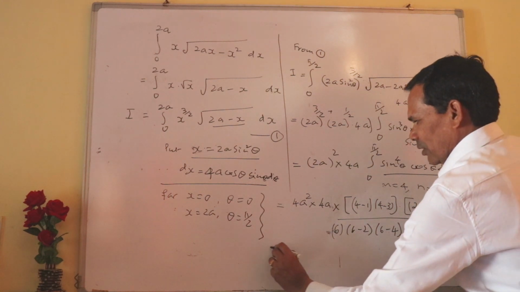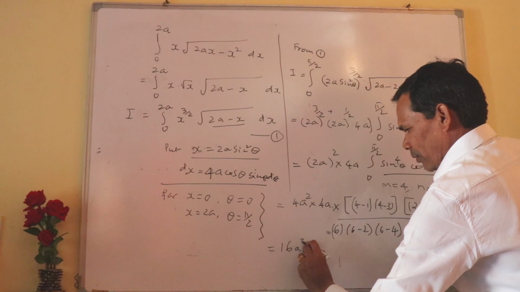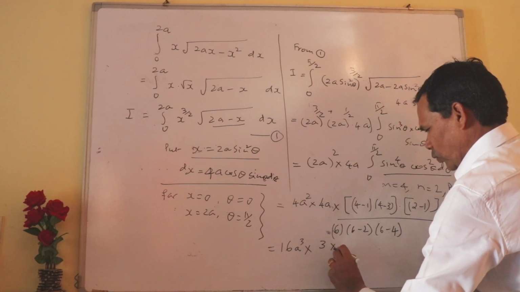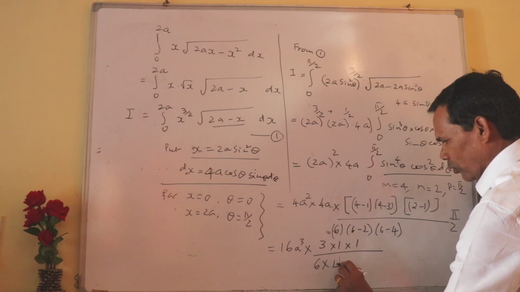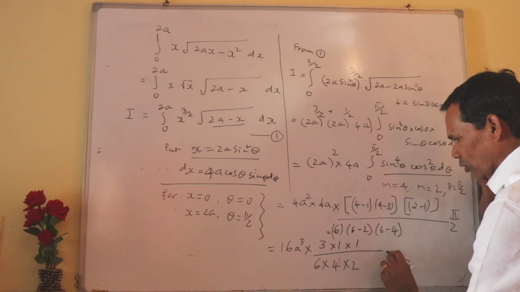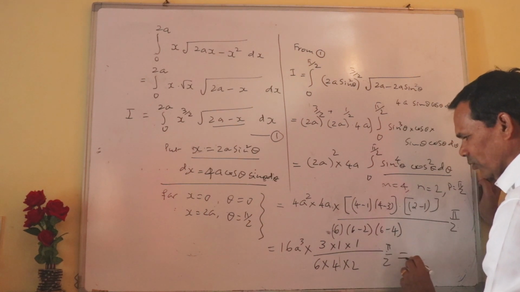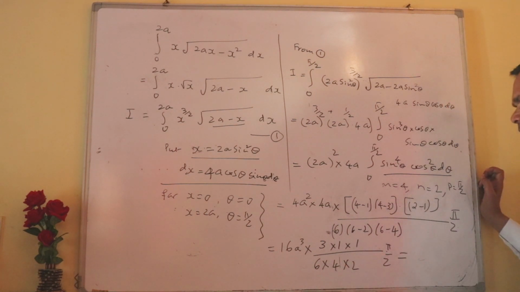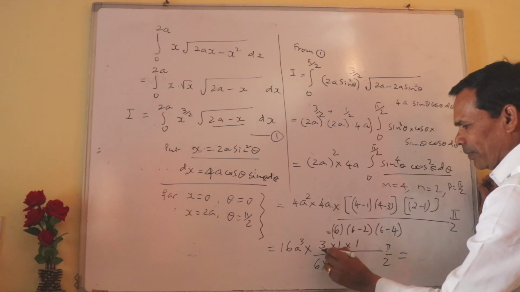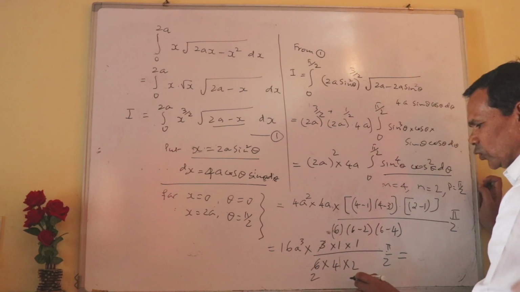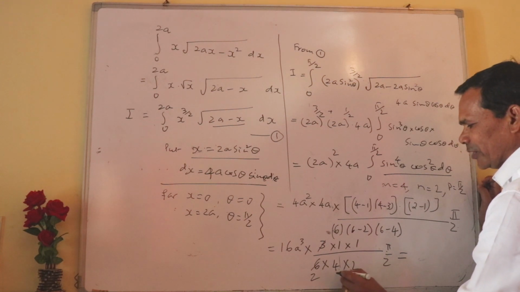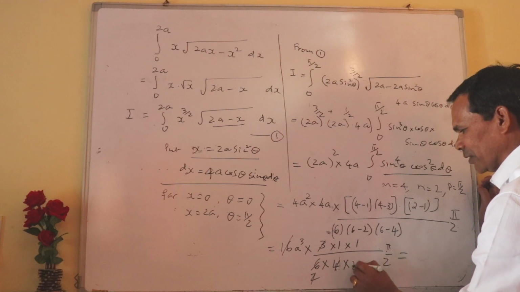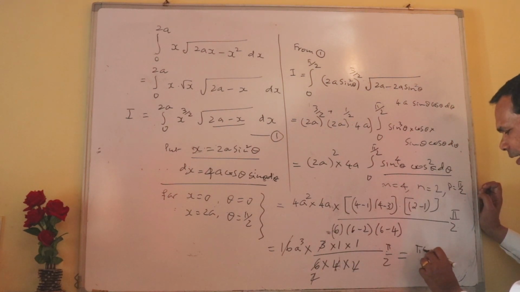So we simplify this. So this is 16a cube multiplied by 3 into 1 divided by 6 into 4 into 2, multiplied by pi by 2. So we simplify this, 3 2s are 6, 8, 16, this 16 gets cancelled with this, and you are getting pi a cube upon 2 is the final answer.